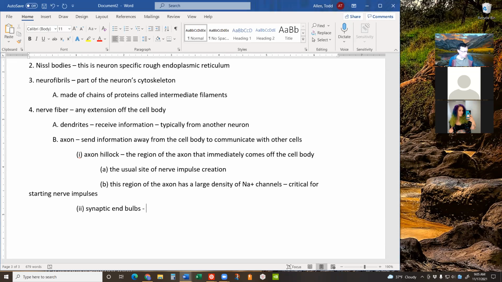And you notice in figure 12.2 that even though you have a single axon, as we get closer to the end of the axon, there's multiple branches that come off the very end, which are called axon terminals. Each axon terminal ends in this rounded bulb structure called a synaptic end bulb. Okay, so the synaptic end bulbs are the very ends of the axon terminals from which neurotransmitter molecules are released.